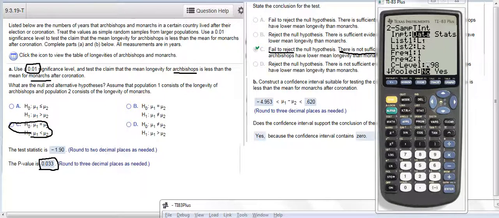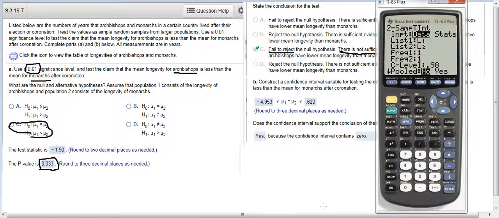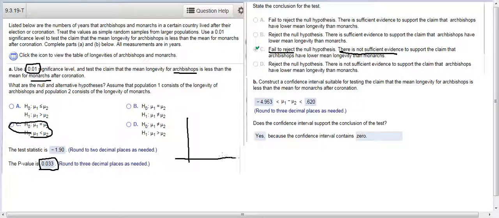Here's the reason we put 0.98. Even though we did a one-tailed test, when we worked this problem we were trying to prove that one was less than the other. On the normal curve, we're just trying to prove that this area right here is 1% or less. That's what the 0.01 significance level means here. When you do an interval, it has to be balanced.